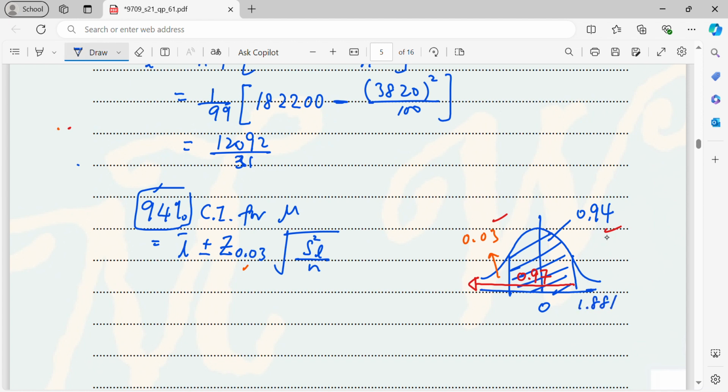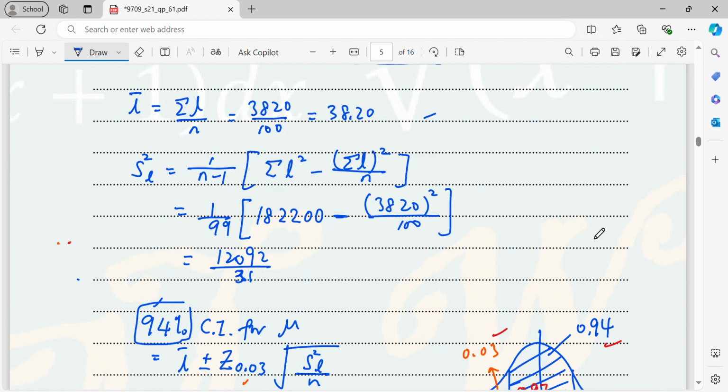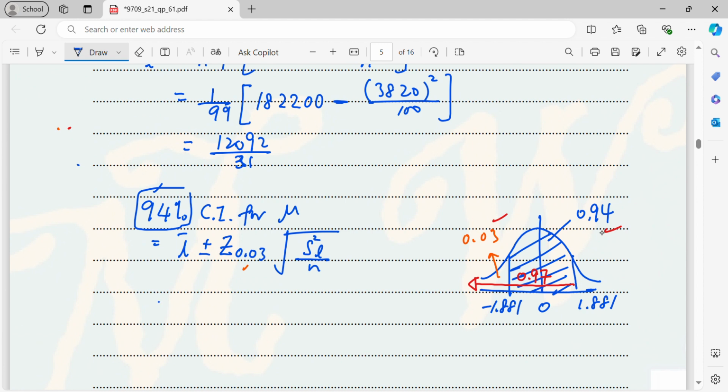So that means the other line will be negative 1.881. Now L bar already counted just now, 38.2, plus minus, the critical value will be 1.881. Then square root of this value, this is basically 31.